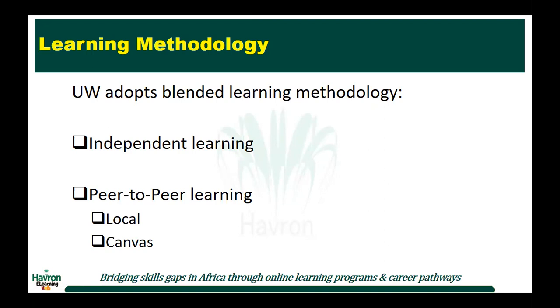And this peer-to-peer learning happens at two levels. At the local level here, everyone within the site, those who registered under the site, come together once in a while. And we interact just the way we are interacting right now via Zoom. We either use Zoom or Google Meet.